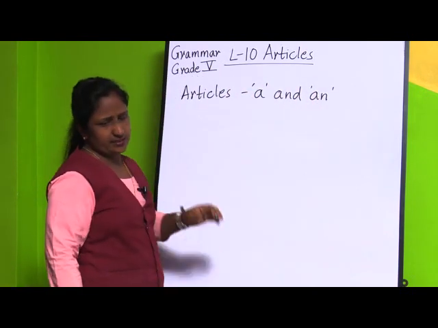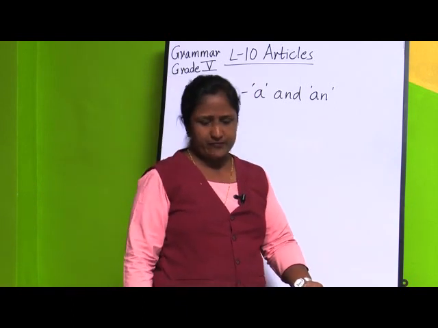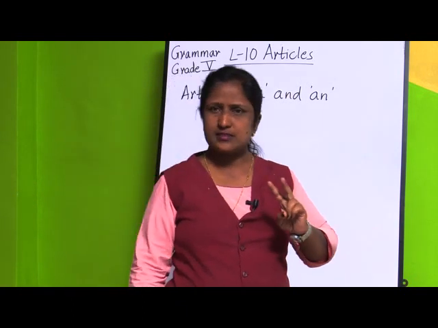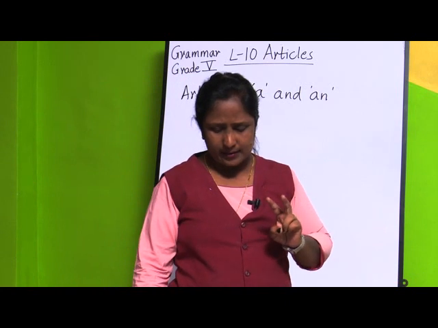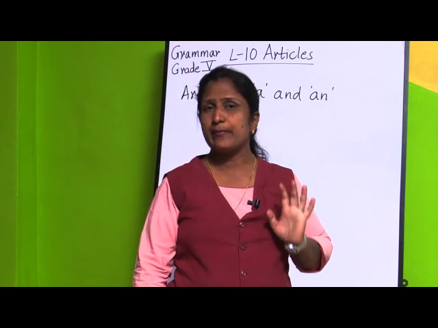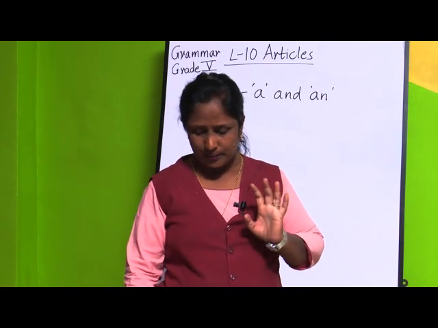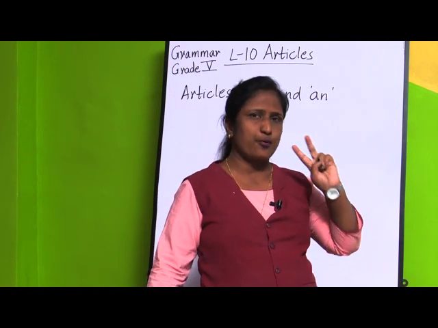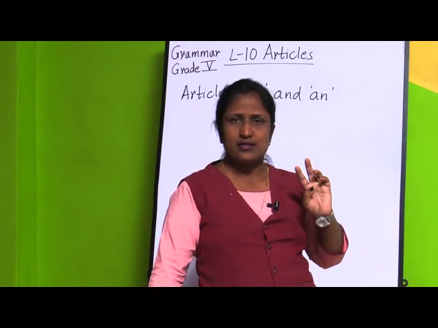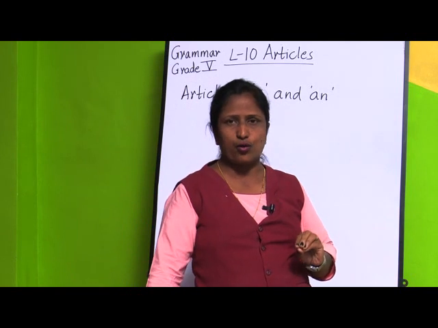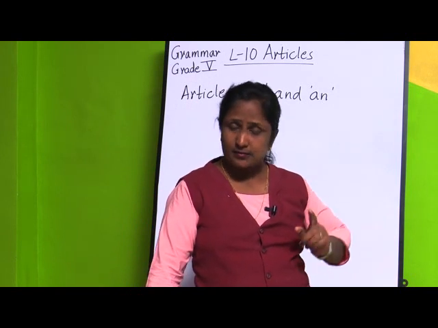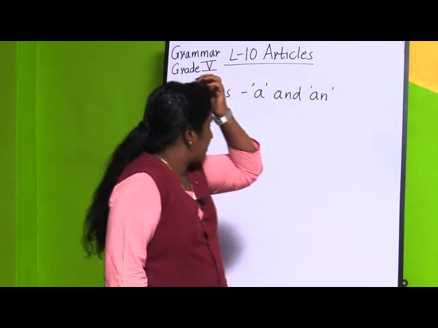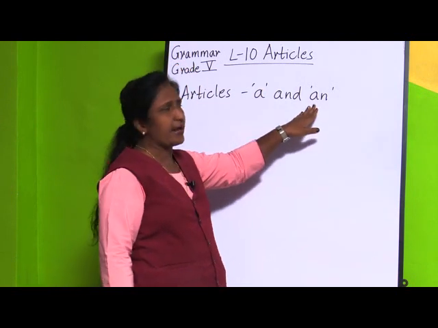A and an mean one, they mean the same. A and an are placed before countable nouns in the singular number. If we are talking about a singular person, singular animal or thing, and if it is a countable noun, we are going to use a and an.